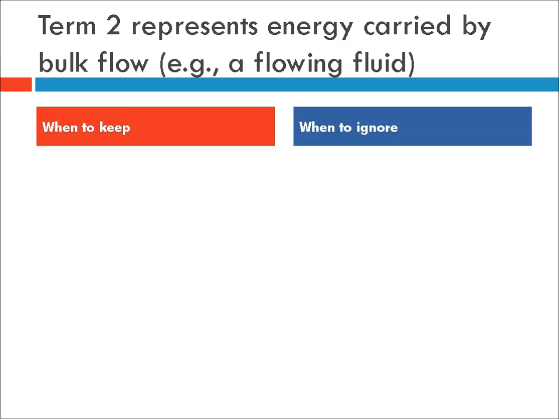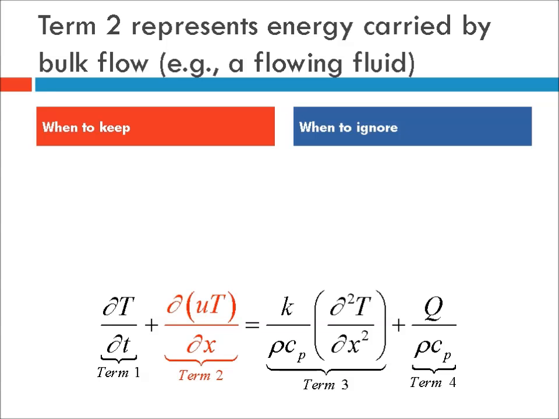Then we look at term 2. Term 2 is this one. Notice it has a velocity. So just to remind us that this term has to do with flow. So when do I keep it? When there is a flow, like in a fluid.